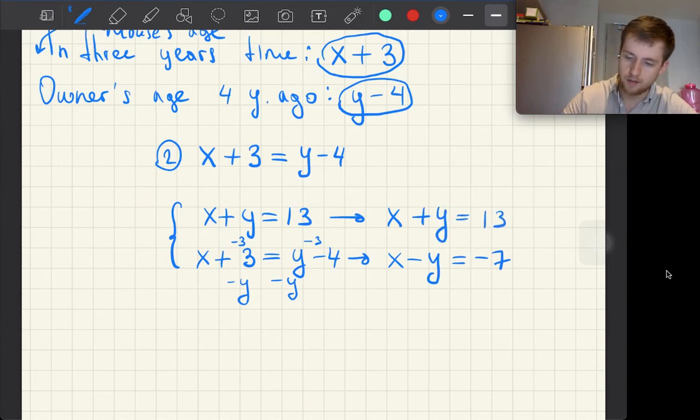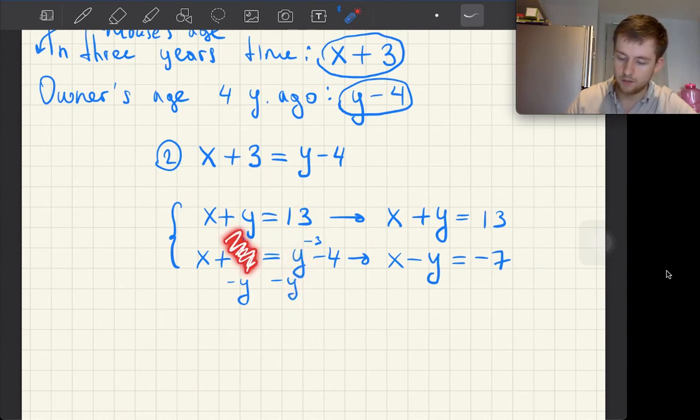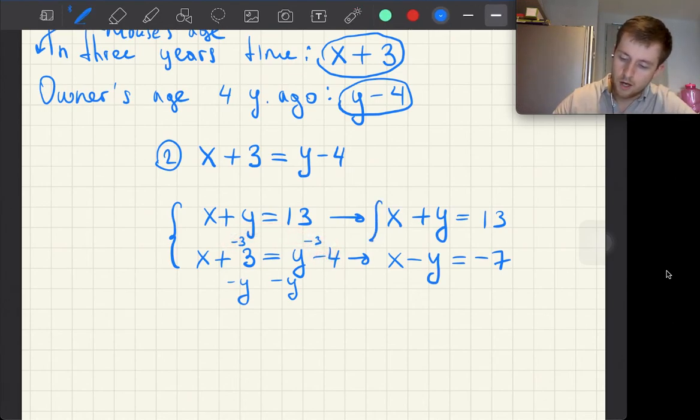Again, please pay attention. I subtracted y so that I could eliminate it from this side, and I also subtracted 3 so that I could eliminate it from this side. Now we can simply add them together, or we can also subtract. This is also going to work, but I think I'll just add them together.